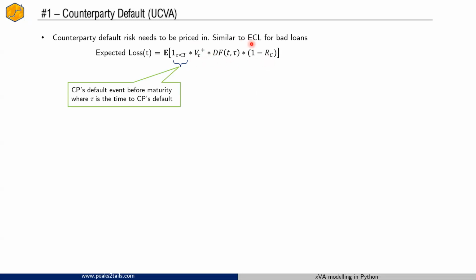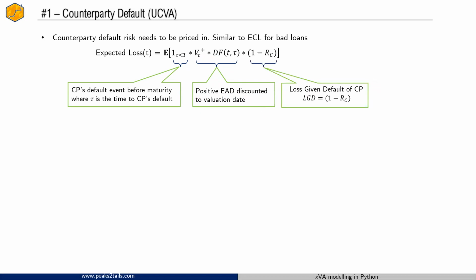The only thing is EAD: for EAD, you use a discounting factor, and it is the expected value of the positive exposure. So the second part is the positive exposure discounted to valuation date. The last term is loss given default of the CP. LGD is 1 minus recovery rate, right?